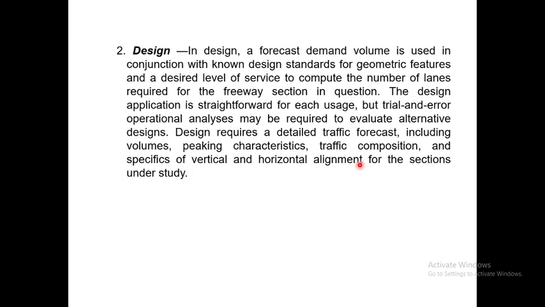The other one is design. In design, a forecast demand value is used in conjunction with known design standards for geometric features and desired level of service to compute the number of lanes required for a freeway section. So, generally speaking, in the design part, we need to calculate the number of lanes.